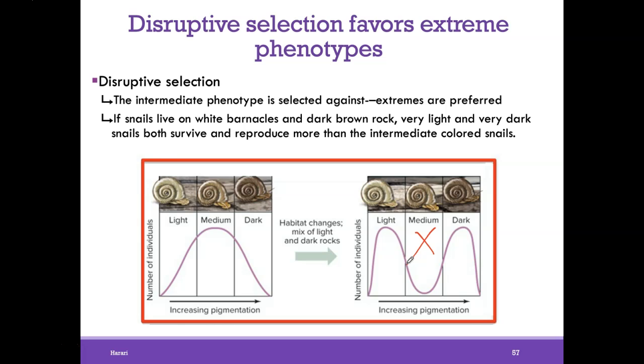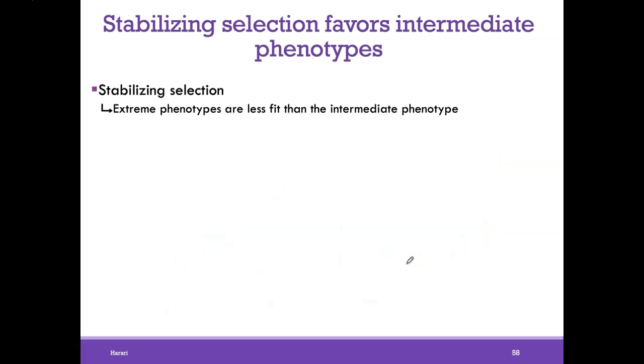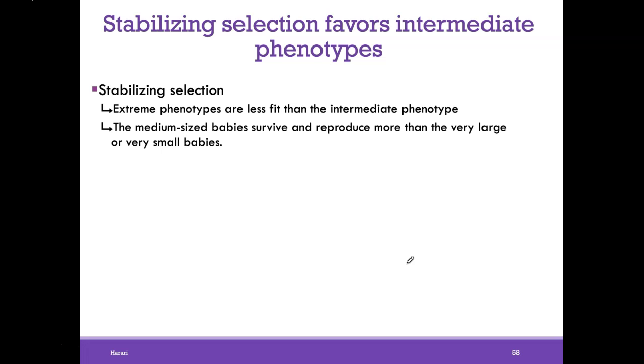Right, that's disruptive selection. And finally, there's stabilizing selection. That's the third form of natural selection, also called normalizing selection, and this favors the intermediate phenotype. In stabilizing selection, the extreme phenotypes are less fit than the intermediate phenotype. A good example of this is human babies. Medium-sized babies survive more than very large babies or very small babies.